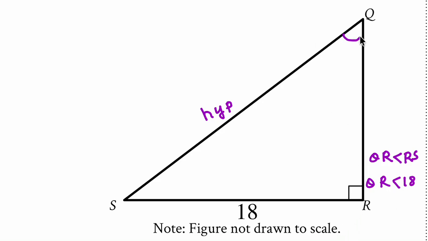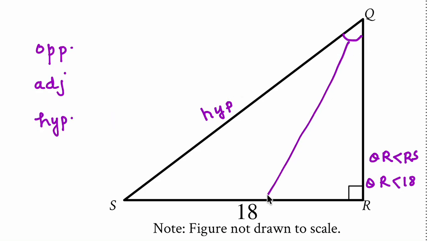This is Q, right? Now, when we are doing trigonometric ratios, we basically use SOHCAHTOA: opposite, adjacent, and hypotenuse. These are the three sides. Opposite is always the side opposite to theta, the angle we are taking.